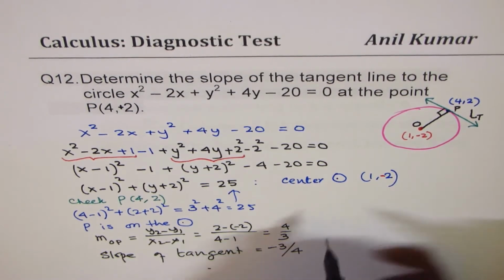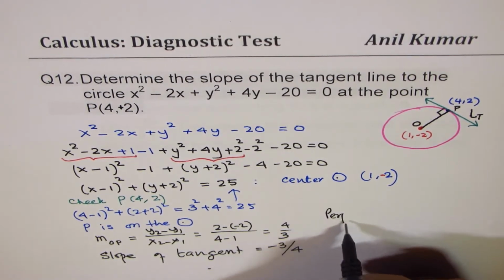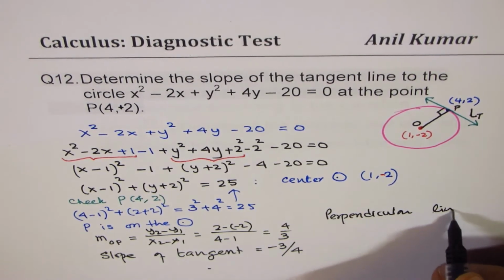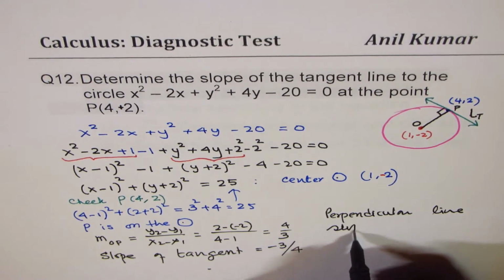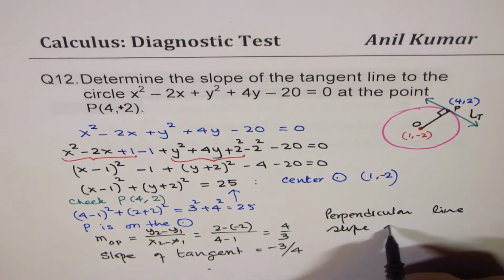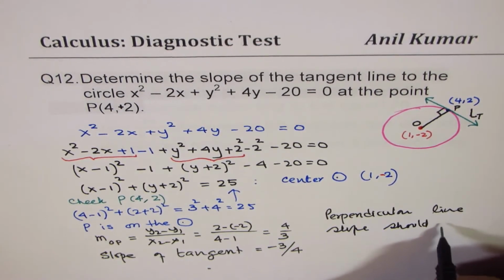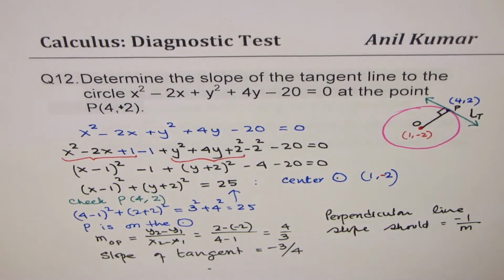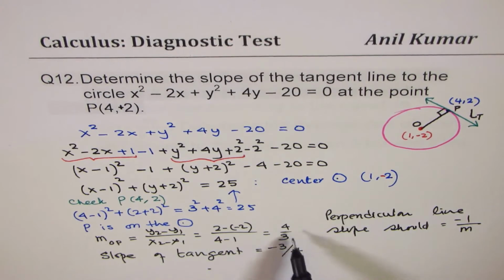Since it is perpendicular, the perpendicular line slope should be what? 1 over the slope of the line with a negative sign, correct? So when you flip it and put a negative sign, you get the slope of the tangent line.